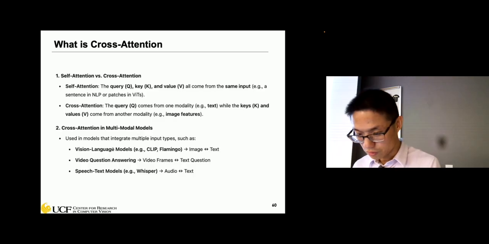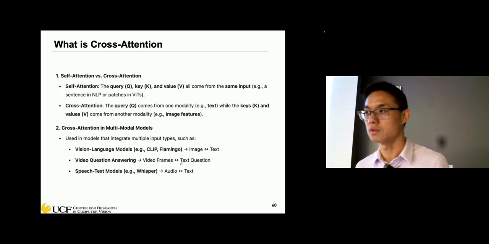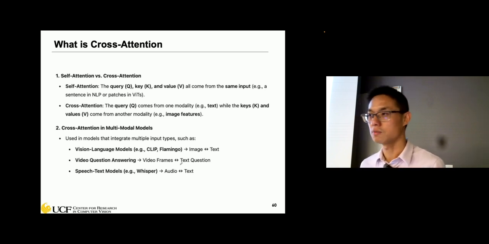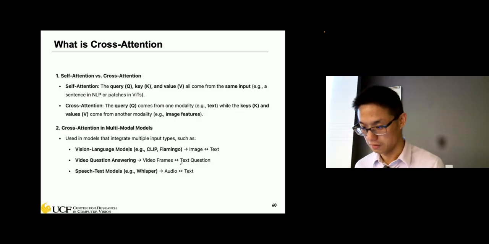Then you use the query coming from the text, but the key and the value matrices are from the image. So you are using the query from the text input to query the image stream: how the text representation is close to, or similar to, the features in the image space. So that's the cross attention mechanism.